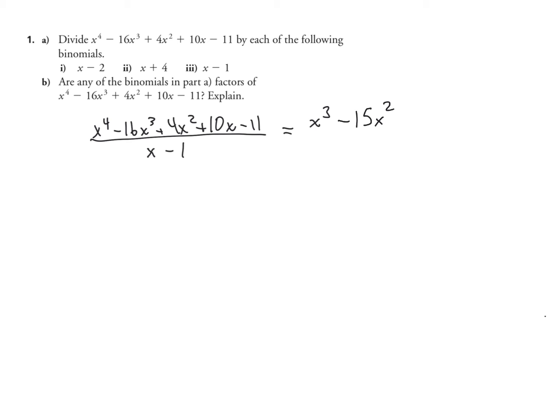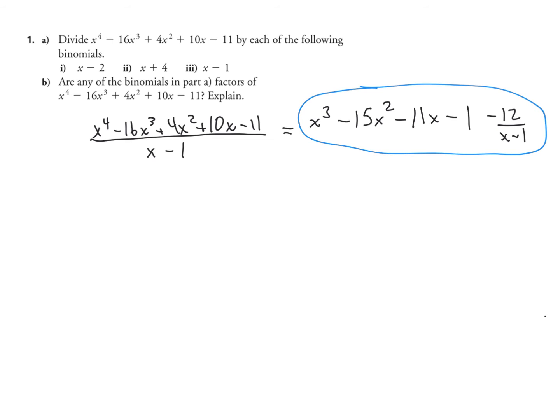When you multiply by the x, now I've got positive 15x squareds, but I need to take away 11 of those. That's going to give me positive 11x's, but I need to get rid of one of those. And there you have it. That's going to give you a plus 1. I'm going to have to take out 12, so minus 12 over x minus 1.